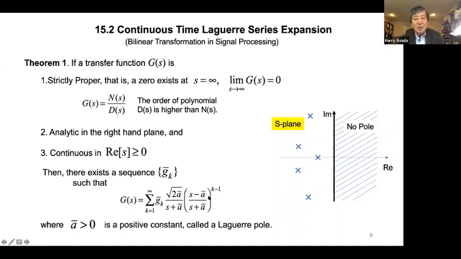Okay, so this is the kind of transformation we can make. And a bar is a positive constant. It's called the Laguerre pole.